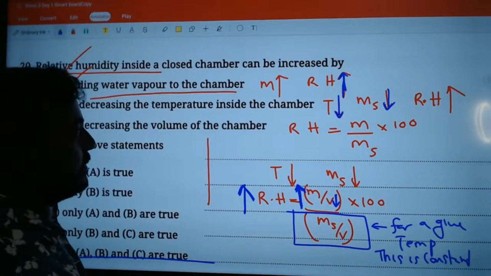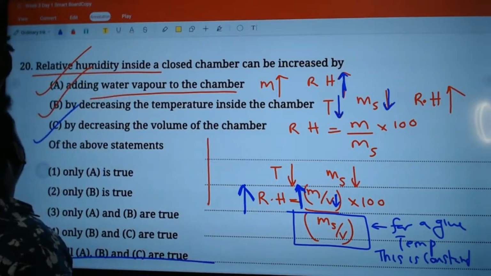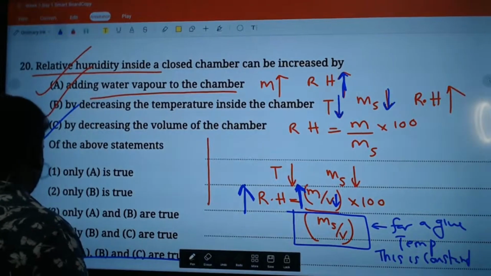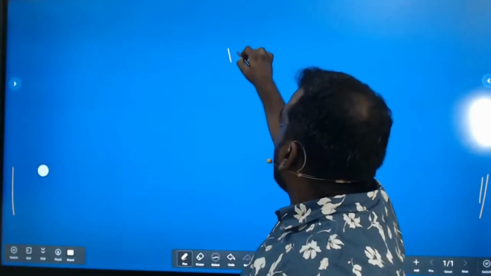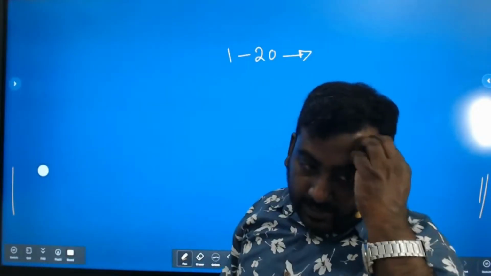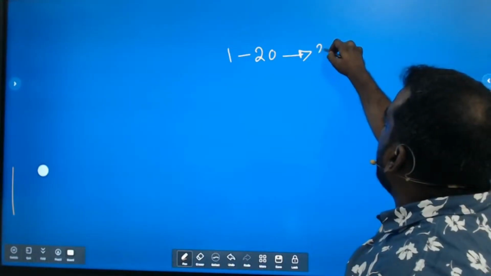Right. So you can see now. MCQ number 1 to MCQ number 20 easily all solved. If you look at the timing, I solved it in around 35 minutes.